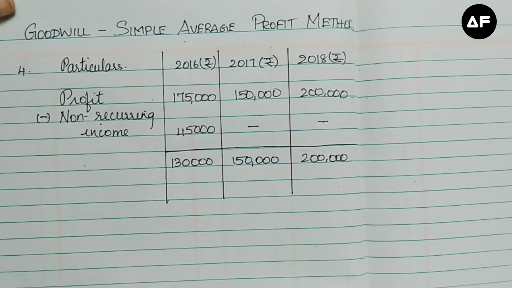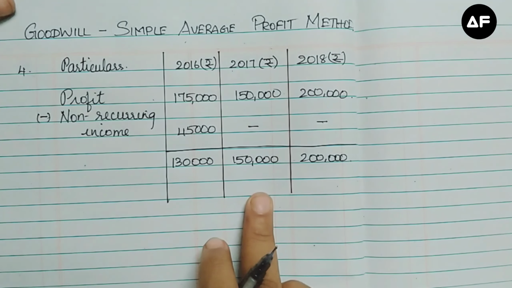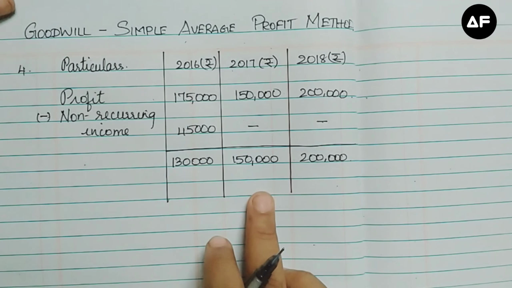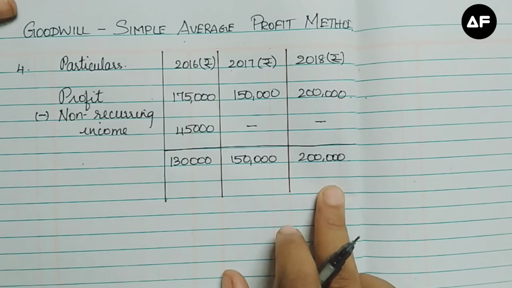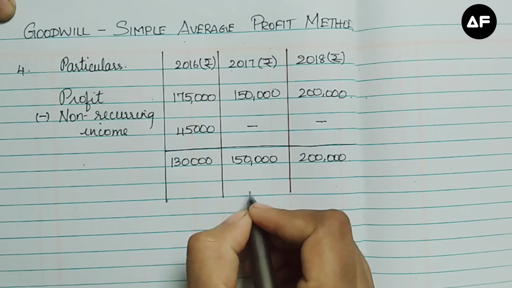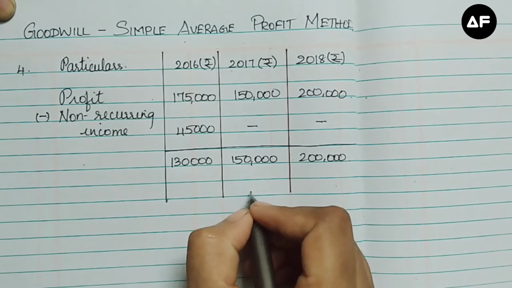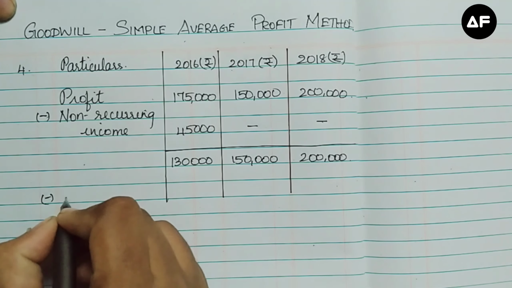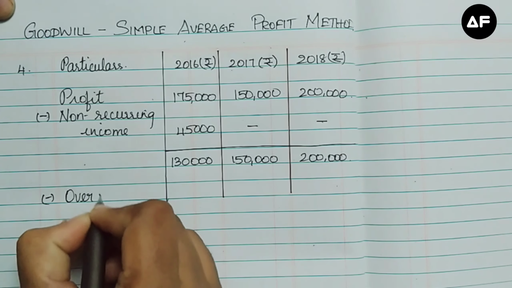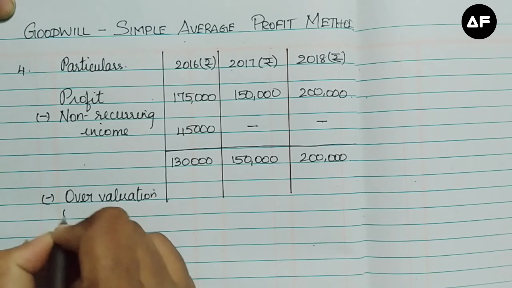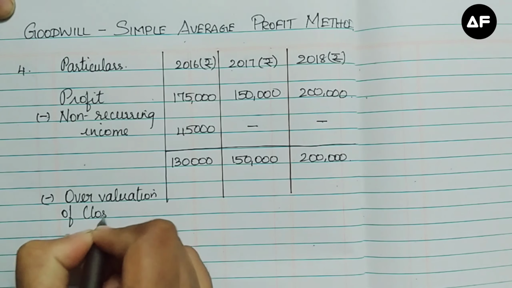Now point C: the closing stock of the year 2017 was overvalued. When the closing stock is overvalued, it has an effect over the next year because it is going to be the opening stock for the next year. So first let's deal with 2017 closing stock and then with 2018's opening stock. So less overvaluation of closing stock.